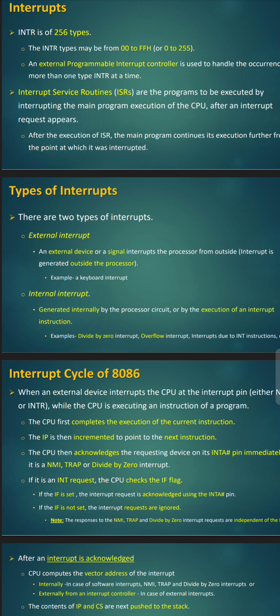An internal interrupt is generated internally by the processor. For example, if an operation like divide by 0 is executed, it is a type of interrupt. Of course, an overflow interrupt. These are all internal interrupts.